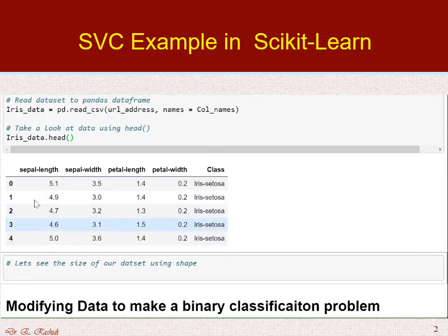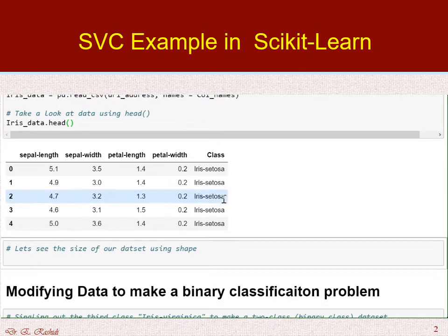We have 4 features here, and we have the classes, the label, the last one, where we have 3 classes: iris setosa, virginica, and versicolor. Because we want to do a binary classification, we have to get rid of one of the classes, and also for illustration we want to have only 2 dimensions, so we need to keep 2 of the feature variables and get rid of the 2 other feature variables.